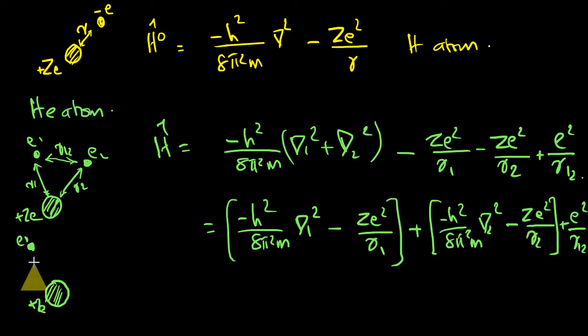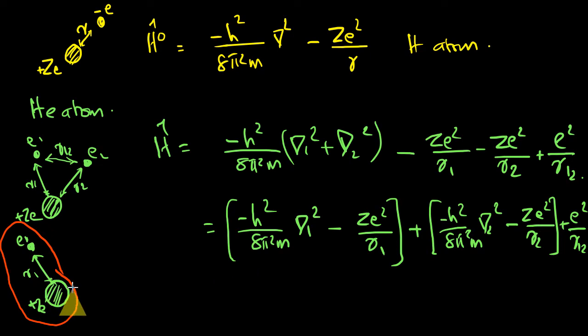And if this is the system, the Hamiltonian corresponding to that will be minus h square divided by 8 pi square m del 1 square minus Ze square divided by r1, because r1 is the distance between nucleus and electron 1, and the del 1 square term is the kinetic energy part of electron 1. Therefore this one corresponds to the Hamiltonian of this particular system, in which there is no electron 2.